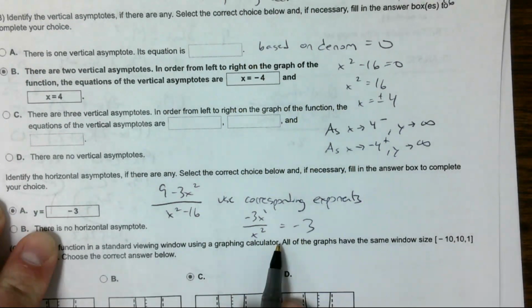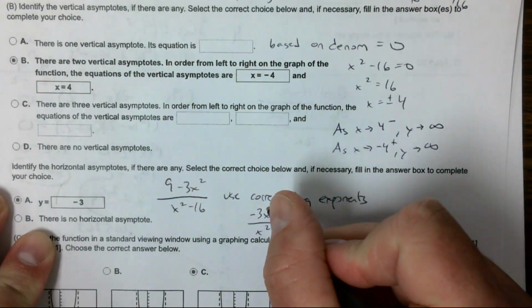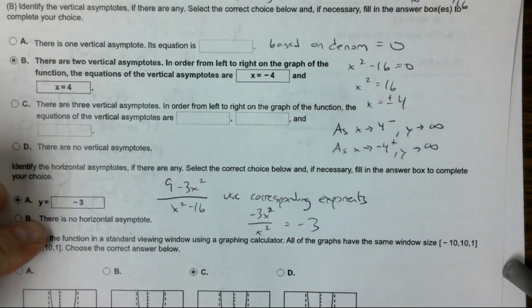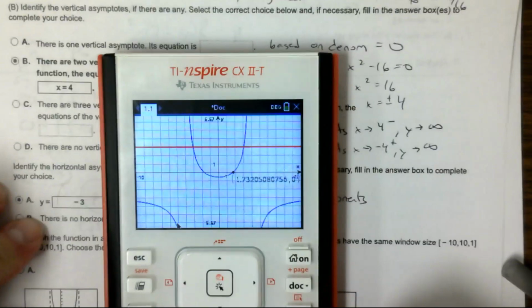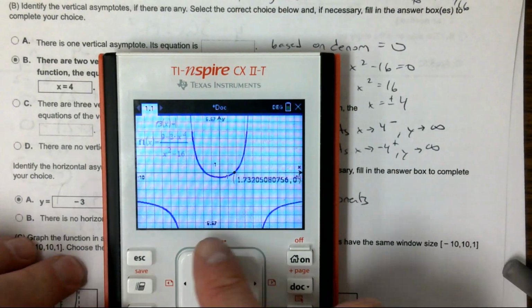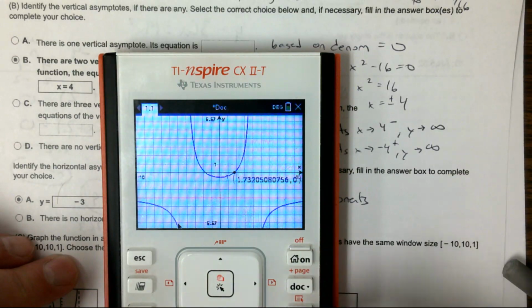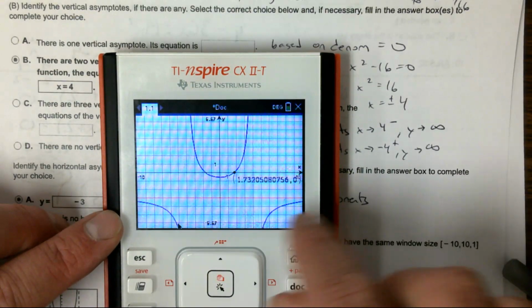And that's going to be that answer. Now what you can do again is graph it. Put negative 3 here. Whoops, I meant not 3. That's funny. Negative 3. And on the far right and on the far left, the curve is approaching that. So that's why it's negative 3.